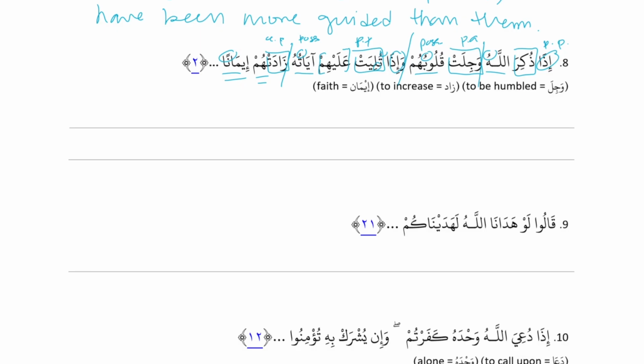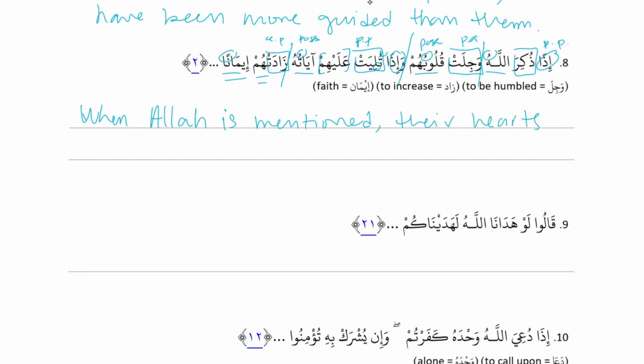Okay, translation. إذا ذكر الله. So one. Subdoer was action. So one Allah. Normally subdoer was action, but we're looking at an ida sentence, so it pushes to the present. So when Allah is mentioned. Good. And then doer is qulubuhum, their hearts are humbled.